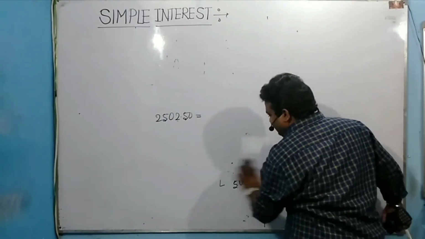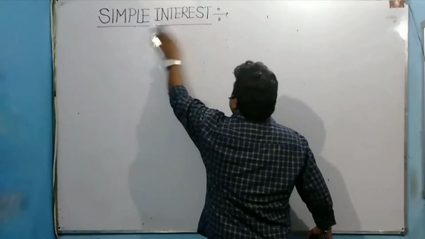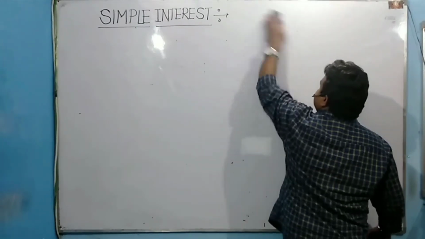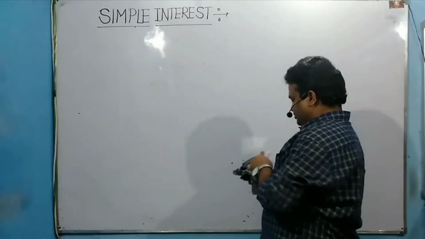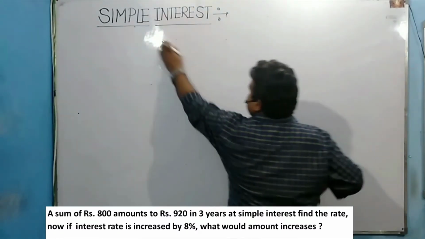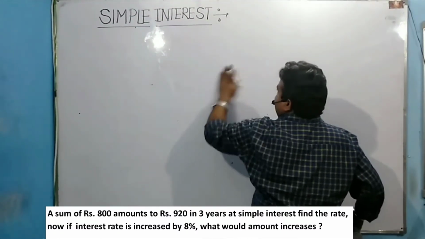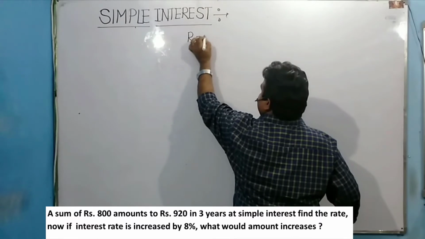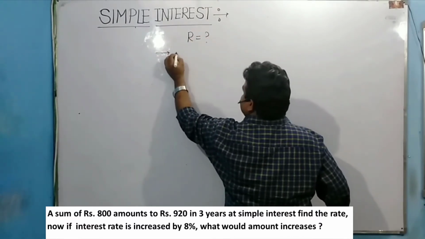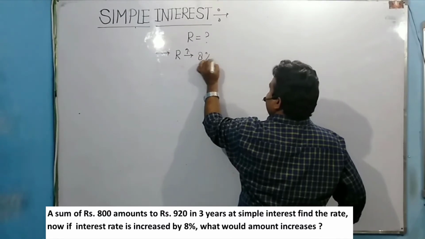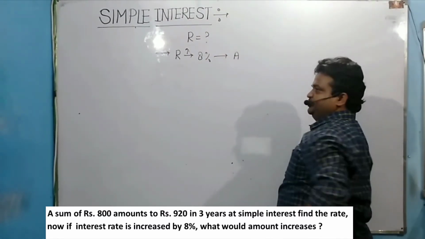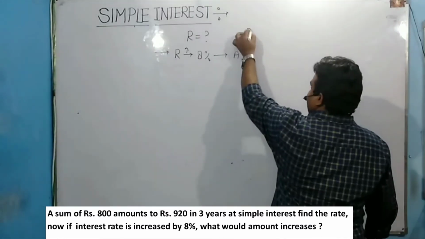What are the data given to you? So in this question, first you calculate the interest rate, and second, if the rate is increased by 8%, then what is your amount? So this you need to calculate.